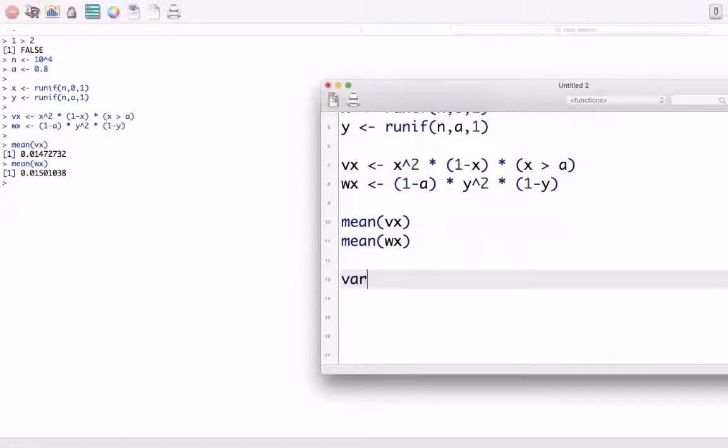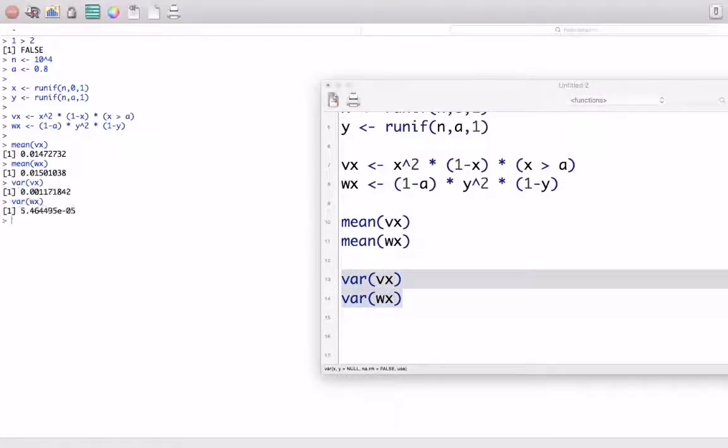The interesting part here is to compare their variances. All right, so you see a big difference here. The variance of the estimator derived using importance sampling is so small, 10 to the power of minus 5 times 5 point something.